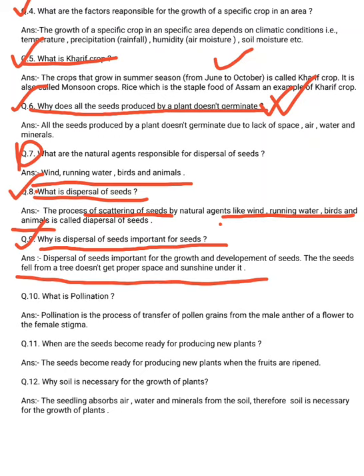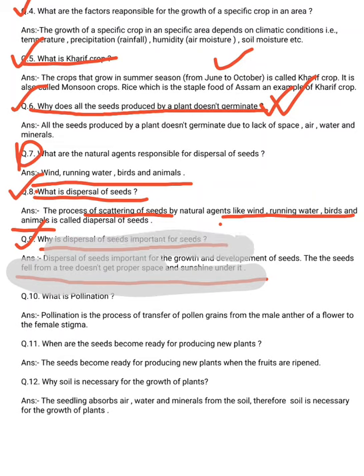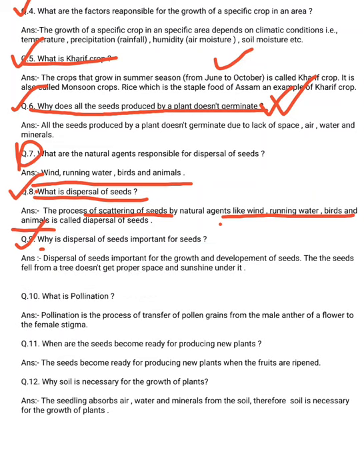Dispersal is important for the growth of seeds because the seeds of the tree, if they stay only under the parent tree, will not get proper space, sunshine and minerals.